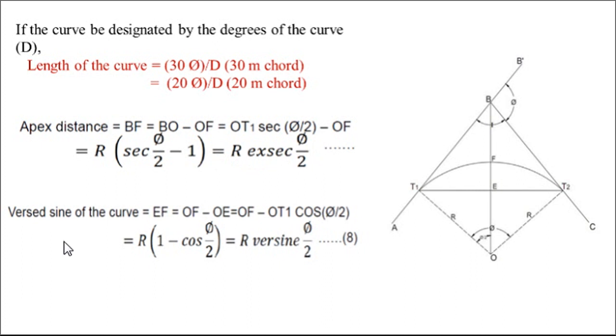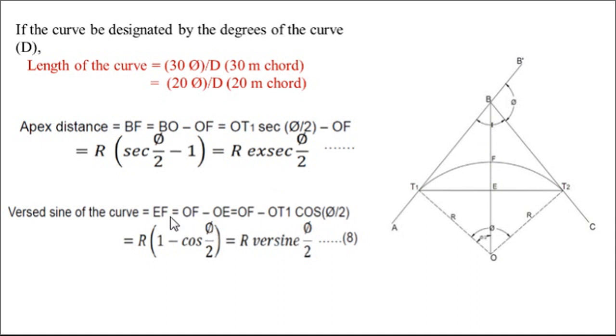Okay, next important term, versed sine of the curve. So EF is called the versed sine of the curve, that is the distance between the long chord and the apex point of the curve.